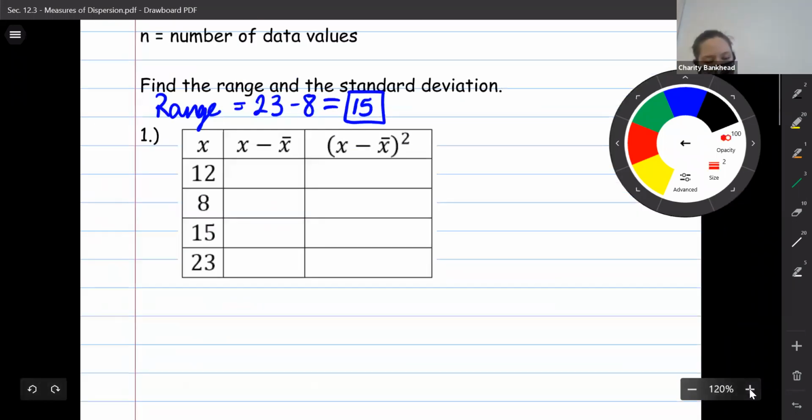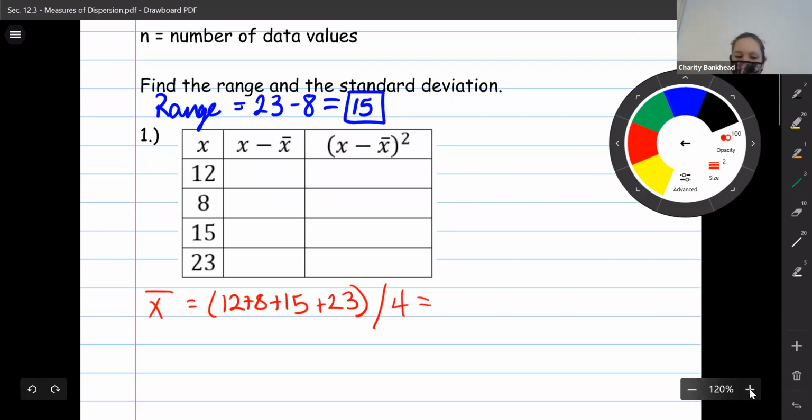So the mean X bar: 12 plus 8 plus 15 plus 23, add all those up and then divide by 4. So that equals 14.5.